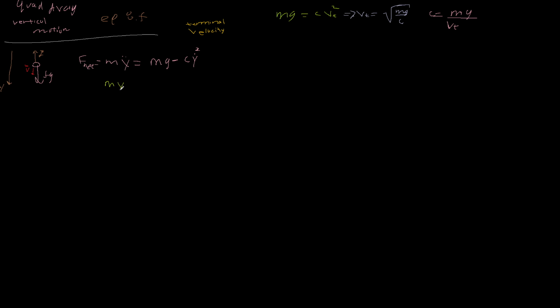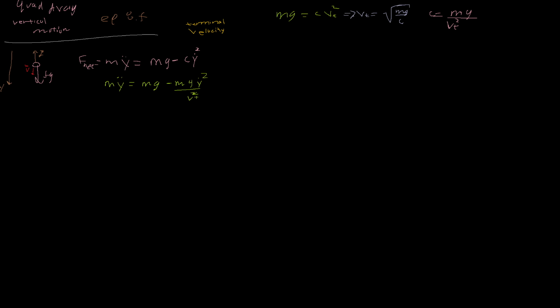So we get m y double dot is equal to mg minus mg over vt squared, this is a square, forgot, times y dot squared.